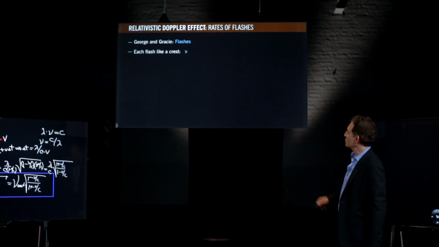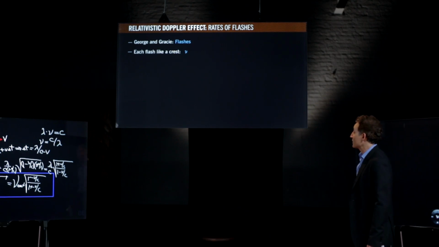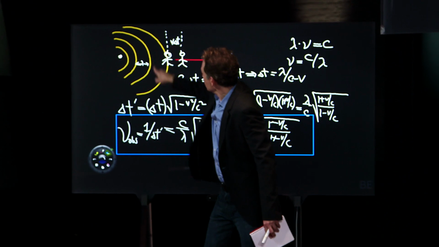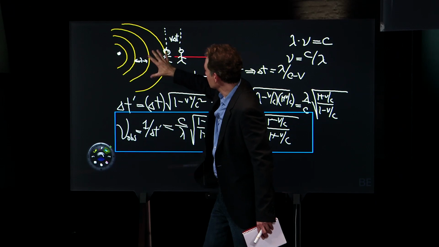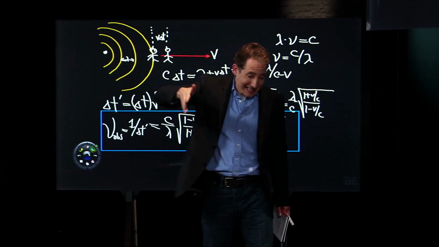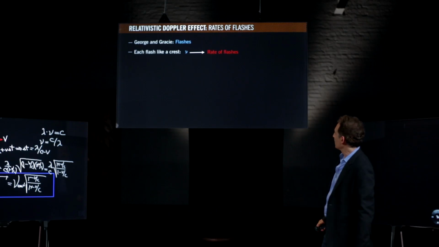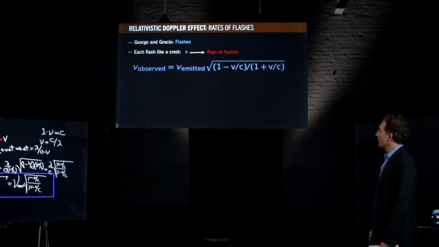Well, each flash that George and Gracie sends to the other, you can really think of each flash as just like a crest of a wave. So rather than thinking crest after crest after crest, you can think about it as flash after flash after flash. So exactly the same formula that we have derived for how the frequency of the wave changes can now be interpreted as how the rate of flashes changes based upon your relative motion.